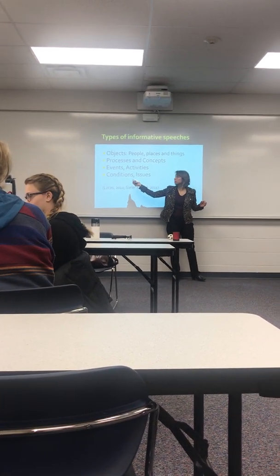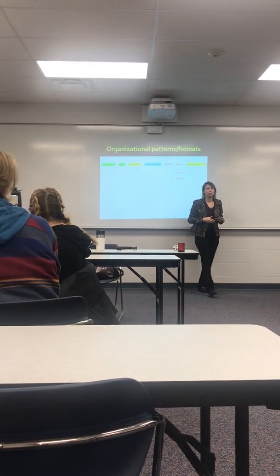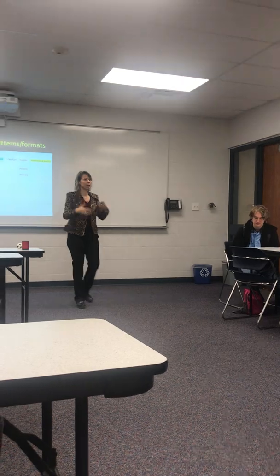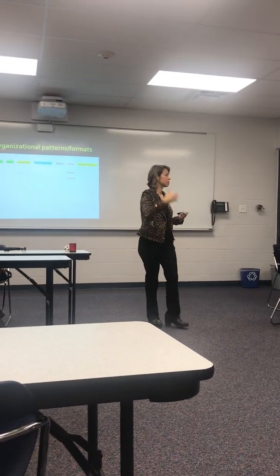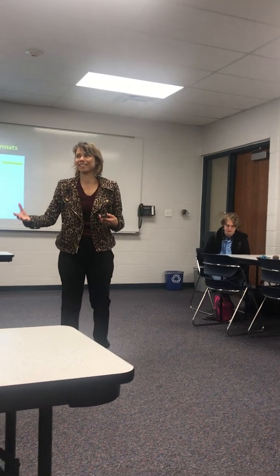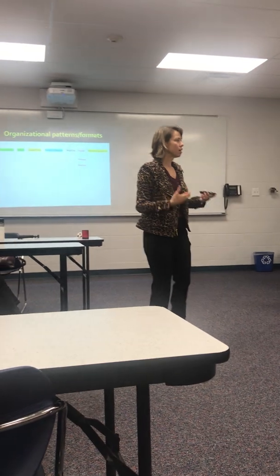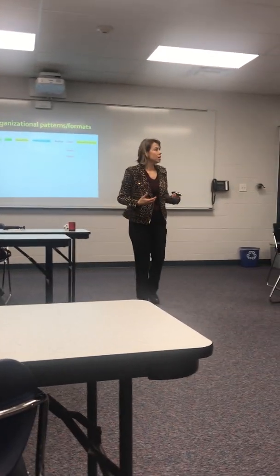Okay, so we can look at this, and now we're going to start merging these together. You may find yourself giving some kind of historical timeline. So this happened, and this happened, and this happened, which was the cause of this effect. Now we're mixing and matching a couple of different types of organizational patterns.